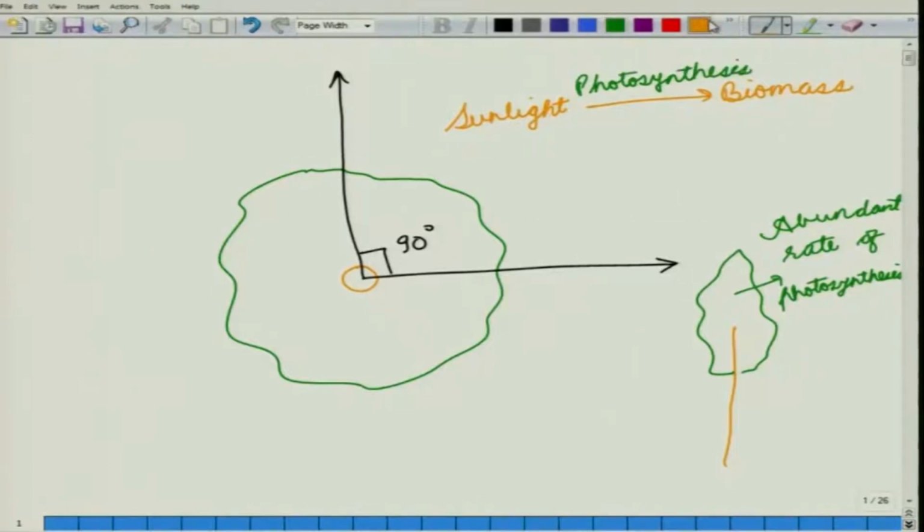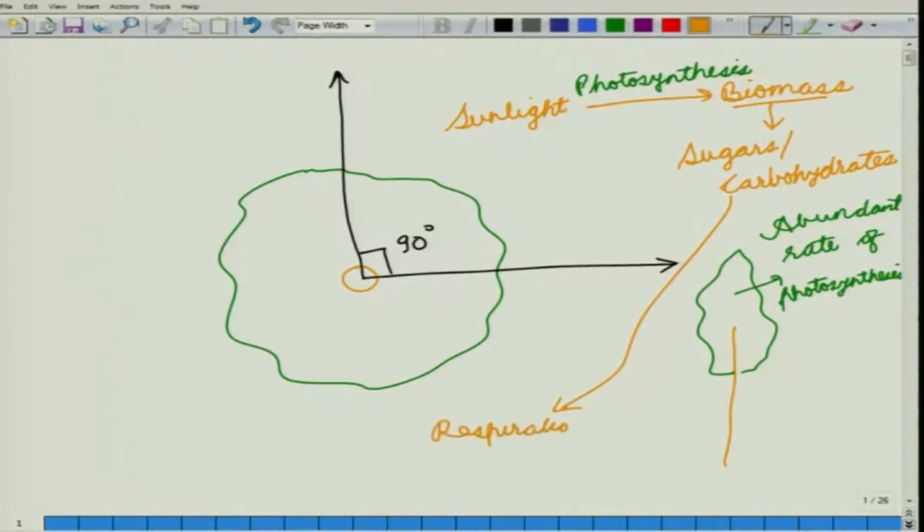When it is converted into biomass, this biomass is in the form of sugars or carbohydrates, and these carbohydrates are then used for getting energy through the process of respiration and for growth, because these sugars will then be distributed to the various parts of the plant, which would allow it to grow to a greater height or maybe thicken its stem.